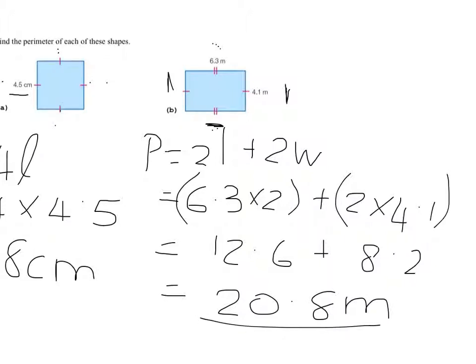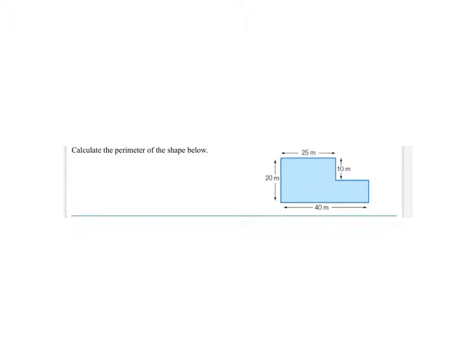All right. Now, complicated. What happens if you get a shape like this? Now, remember, perimeter is as if you're walking all the way around the outside of the fence. So over here would be 25, so you would go P equals 25. Then you're going down, and they're telling you it's 10. Now, they haven't told you how much that is, so we have to work it out. This whole side is 40, right?